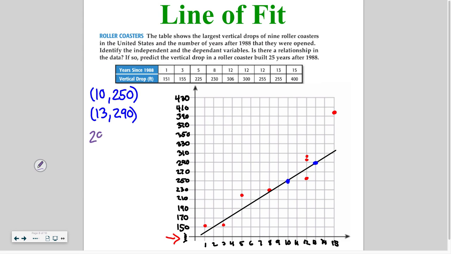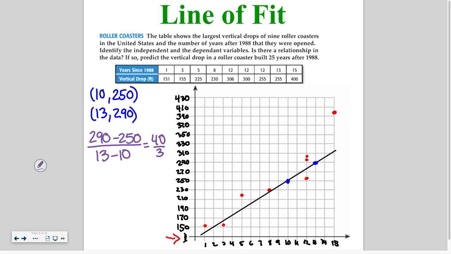So I have 90 for y2 minus 50 for y1 over 13 minus 10, which gives me 40 over 3. 40 over 3 is kind of a difficult slope to work with. For this lesson only, it is okay to turn your slope into a decimal.